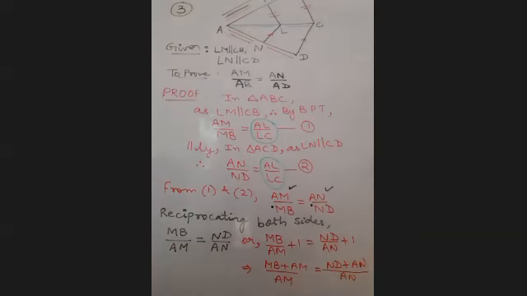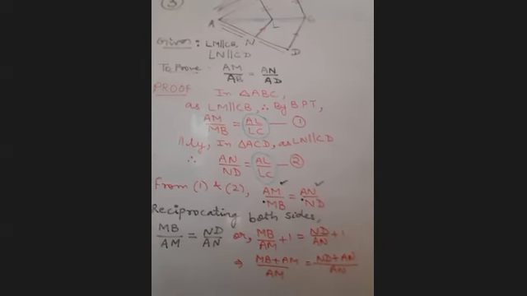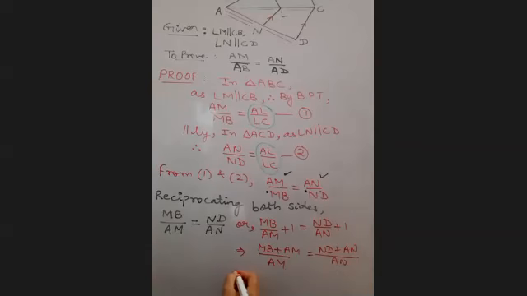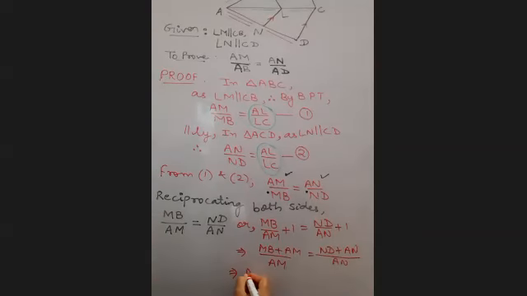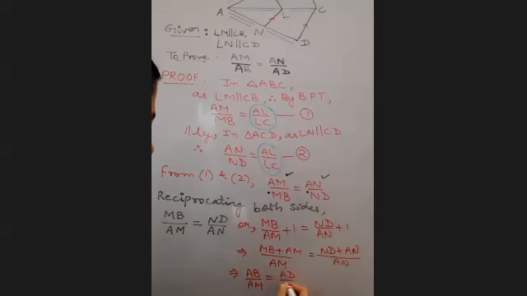Now what is MB plus AM? AB. So AB upon AM is equal to AD upon AN.